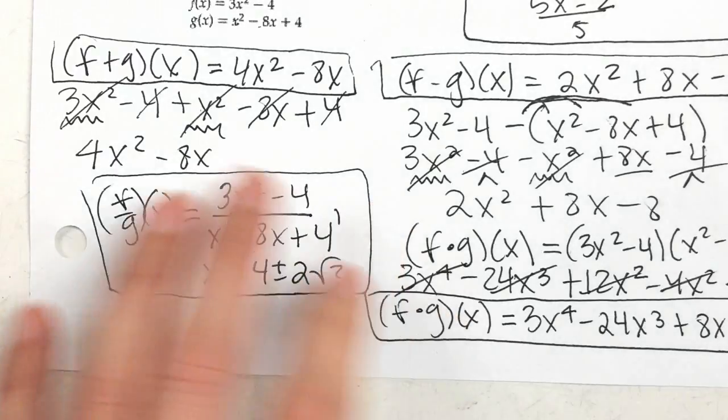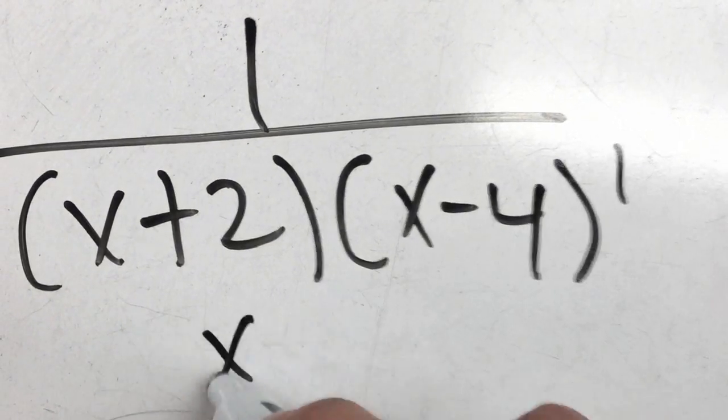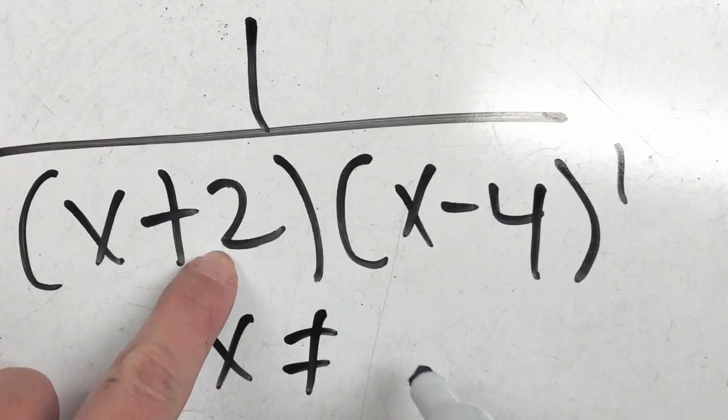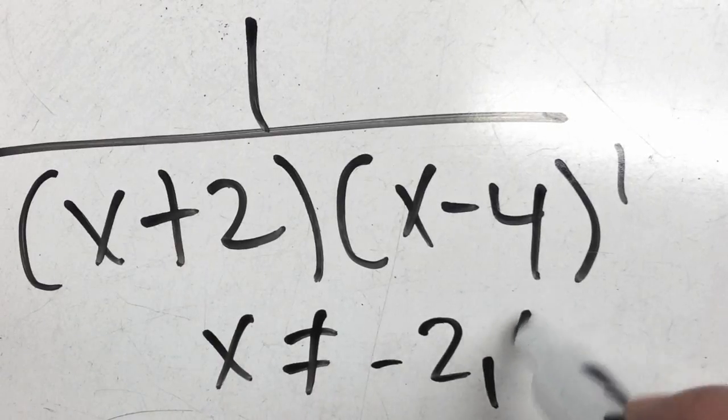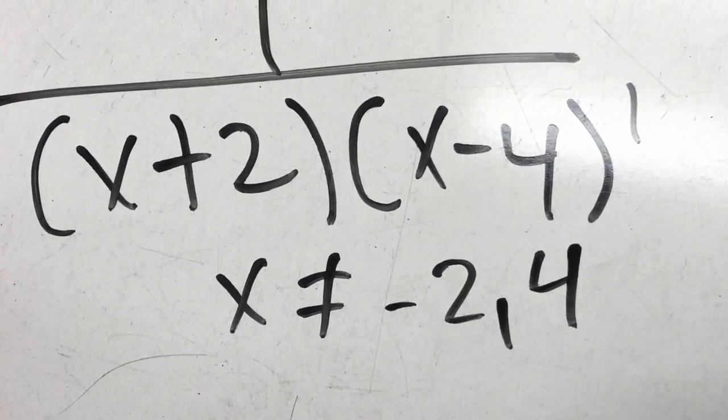You could factor this into like x plus 2 and x minus 4. Then on the outside, let's just say there's a 1 over it. Oh, sorry. You would put comma x cannot equal what? And 4, like that. I did it wrong with my, oh, gotcha. Yeah, you have to make sure you can factor it correctly.